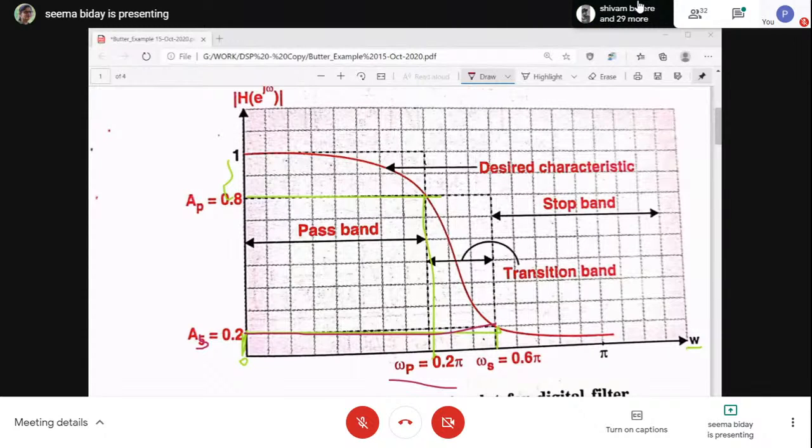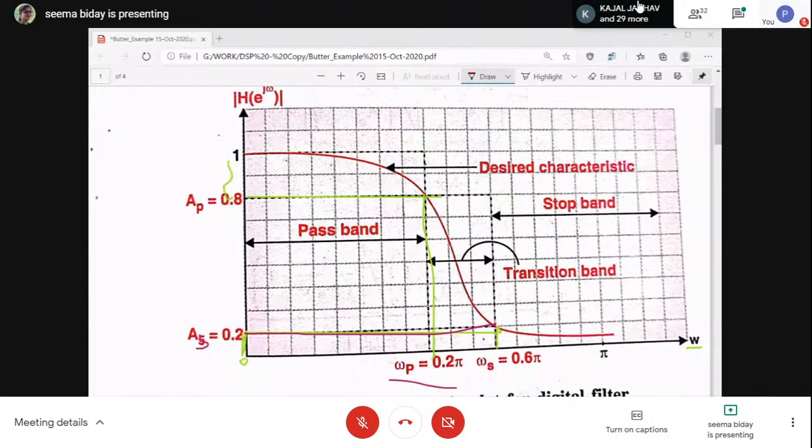Let me know. You can refer to the book, whatever resources you have, and tell me. All the students must tell what is the definition of cutoff frequency of any filter, digital filter, analog filter.